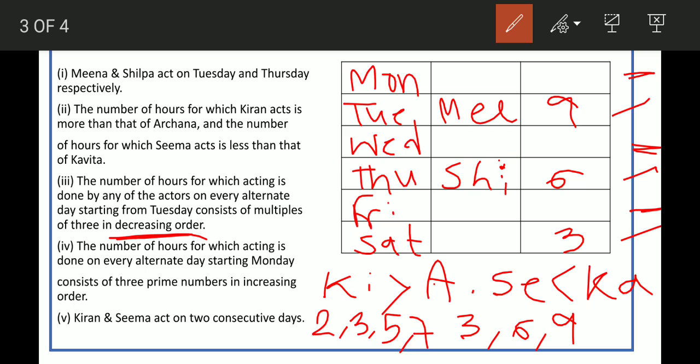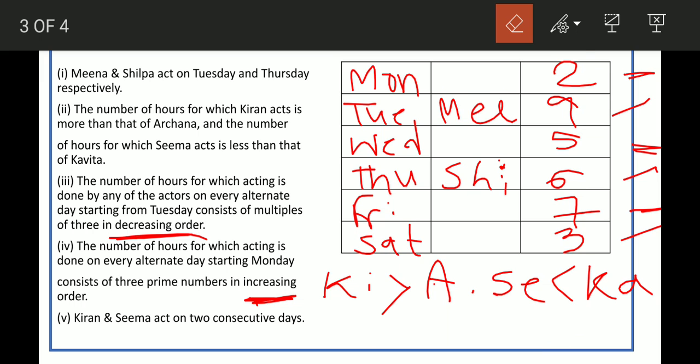As in our question the hours are different, we cannot use 3 once again, so we have to use 2, 5 and 7, but in this case it's in increasing order, therefore the order would be 2, 5 and 7.